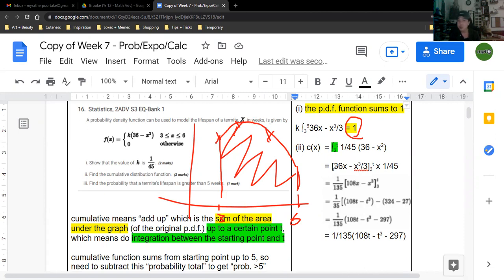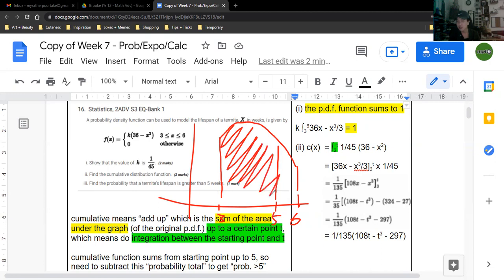So anyway, when you do the cumulative distribution function, you actually want a separate function that tells you this area for any value that you define. So let's say I want to find out the probability of the cumulative function of 5. So what that means is I need a function that tells me the area of this shaded part.